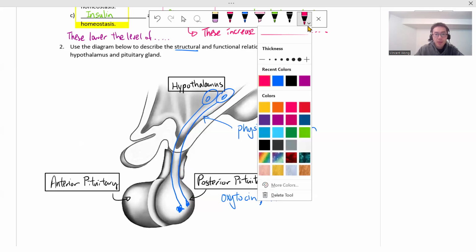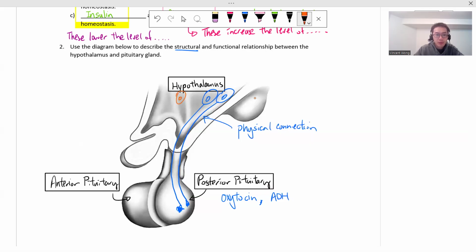And of course, there is a second group of neurons. Okay, they don't extend the axon all the way to the anterior pituitary gland, but there is a network of capillaries here. I mean, you don't really have to draw that if you don't want to. That's just a capillary network.